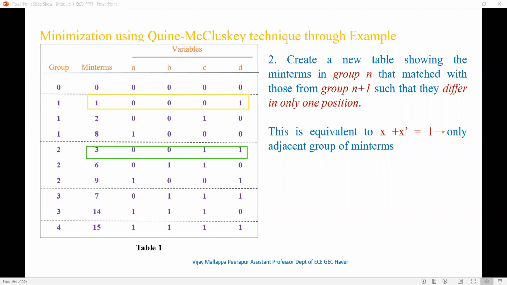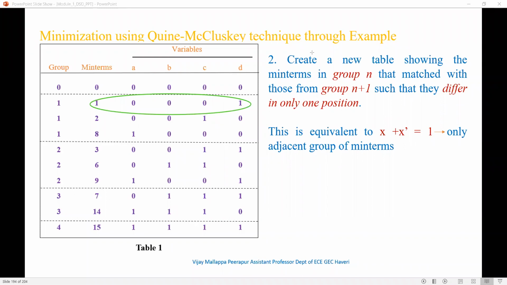And what about 1 and 6? Can we group 1 and 6 now? The 1 is here. We have the 6. Now see, is there any one variable change here? They differ in only one position. See here, it is 0 0.